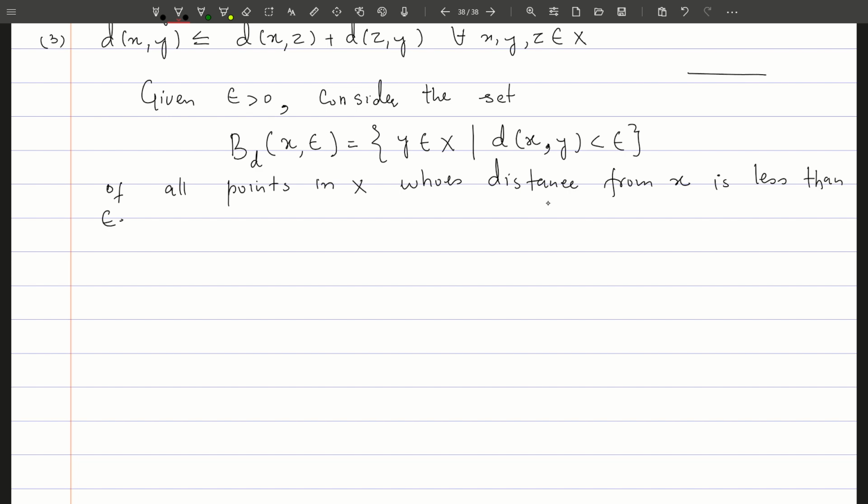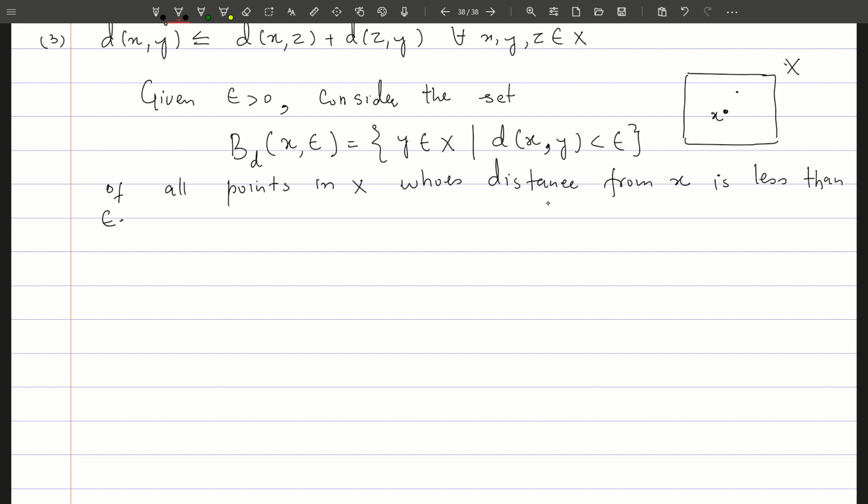So if we have this space here, this is the set X, and we have some point, say this little x here. Now consider all the points y in X which are at a distance of at most epsilon from this point x.